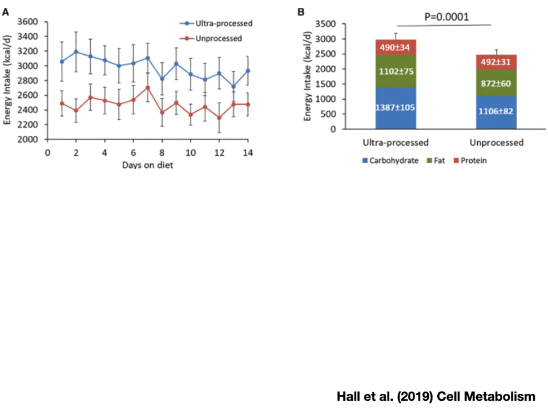The people were given certain types of food, but they were allowed to eat as much as they wanted. And what they found was that the people on the ultra-processed diet, eating pizza and cookies and things, ate a lot more, presumably because these ultra-processed foods are processed to be super tasty and addictive.